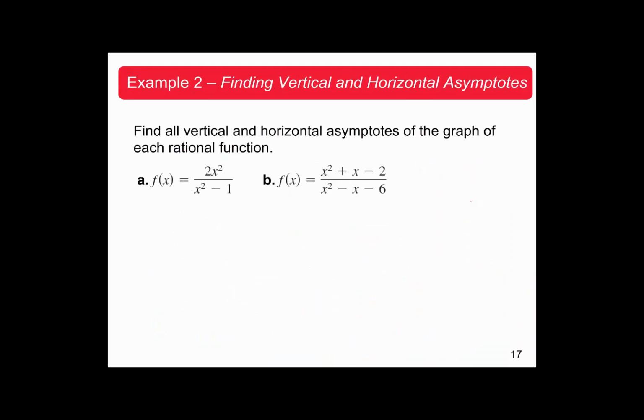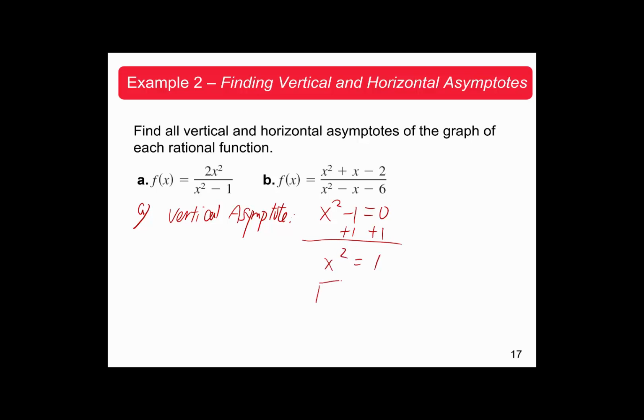So now let's take a look at an example. Find all vertical and horizontal asymptotes of the graph of each rational function. Let's look at part A first. For the vertical asymptote, you're just setting the denominator x squared minus 1 equal to 0, and we can solve this quadratic equation, so x squared equals 1.